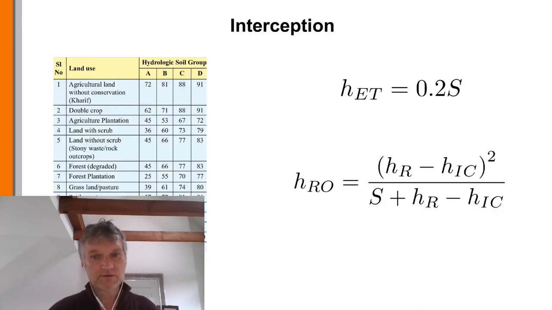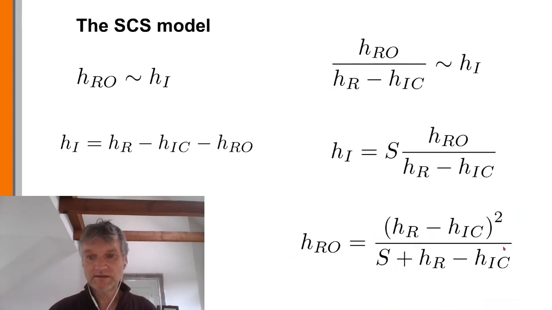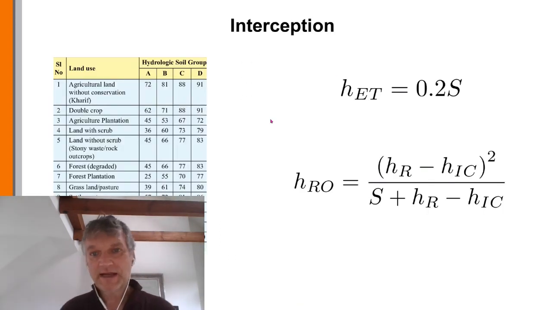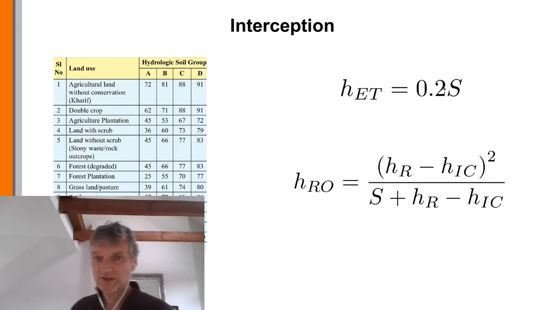So the next thing we need is the interception rate. So this formula is done when we have here the interception height, and the interception rate according to this theory, oh this must be Ia, is directly connected to this S parameter. So 20% of this S parameter is the interception height.